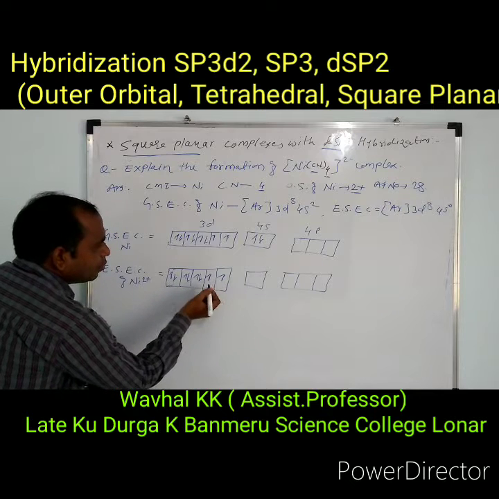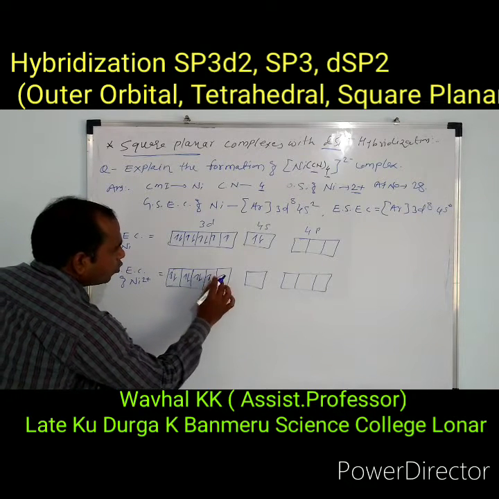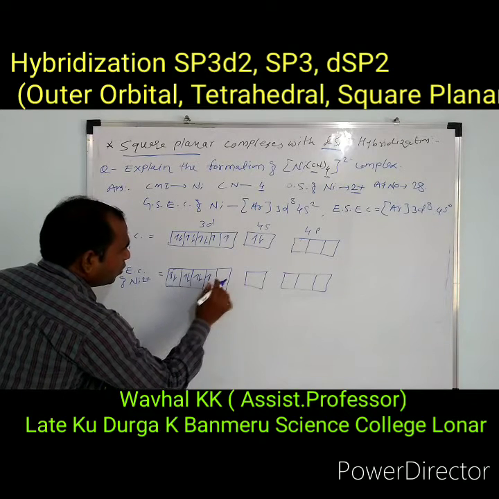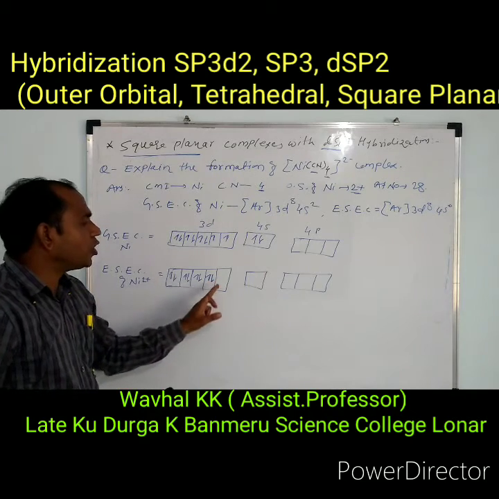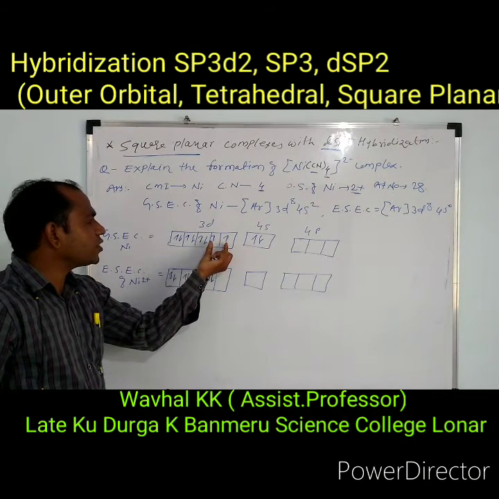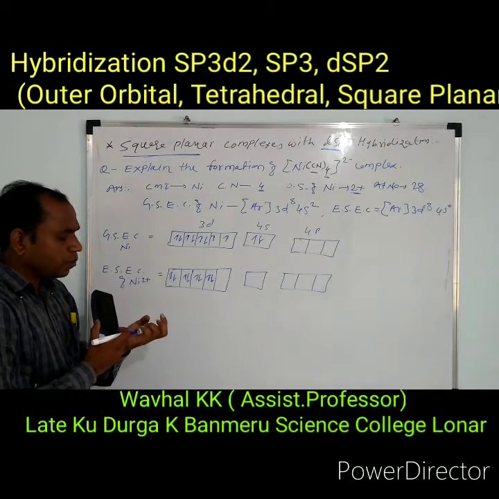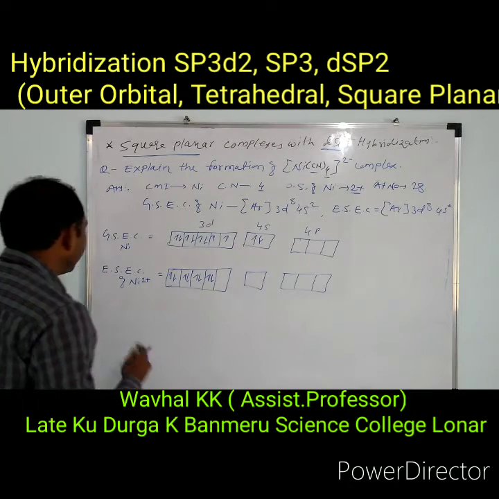These 2 electrons pair up, and one of the electrons moves from this place to pair with these electrons. Hence one of the orbitals is vacant for bonding formation.